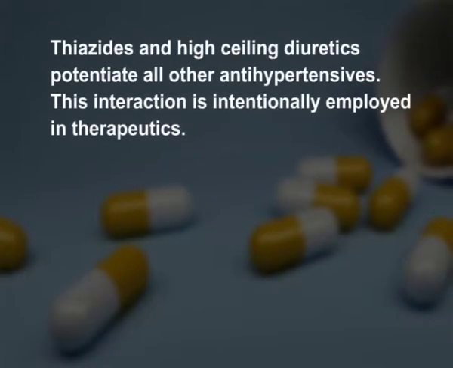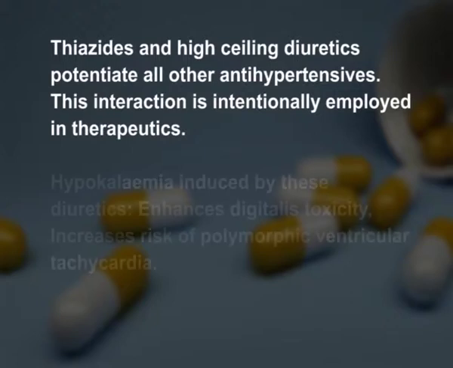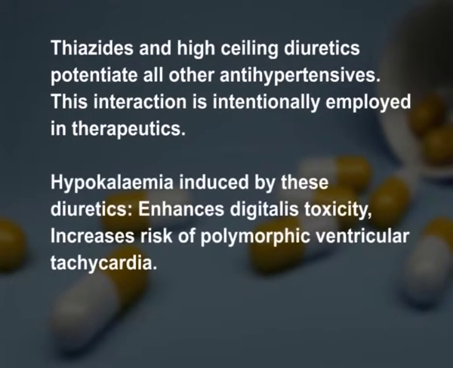Other drug-drug interactions in relation to diuretics are as follows. First one, thiazides and high ceiling diuretics potentiate all other antihypertensives. This interaction is intentionally employed in therapeutics. Second, hypokalemia induced by these diuretics enhances digitalis toxicity and increases risk of polymorphic ventricular tachycardia.